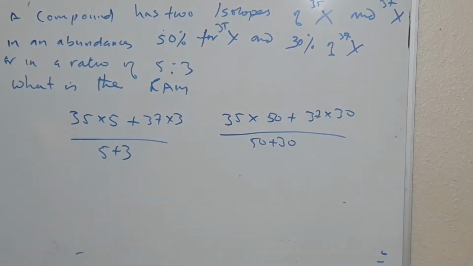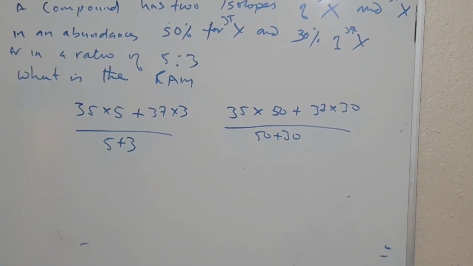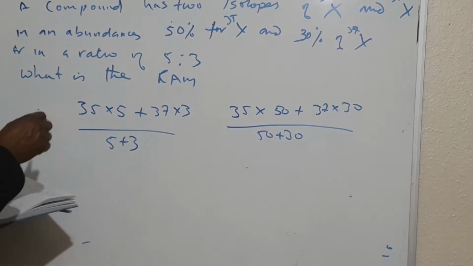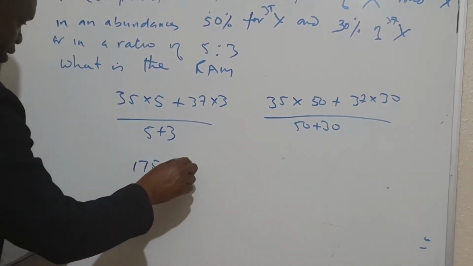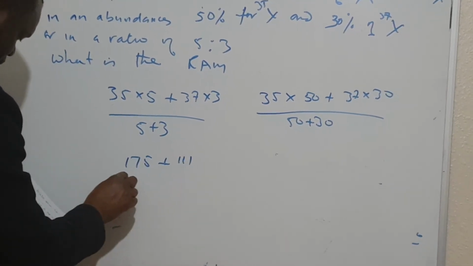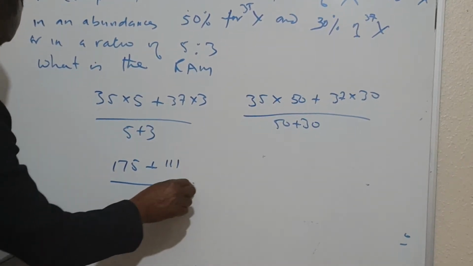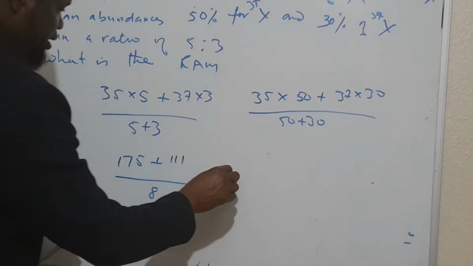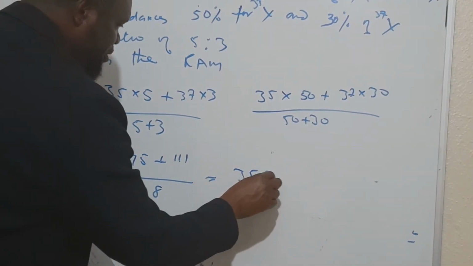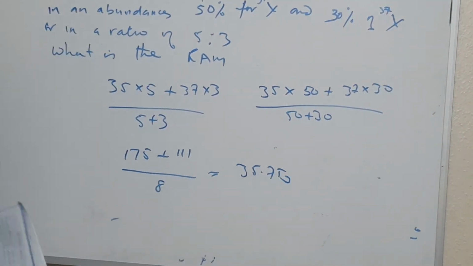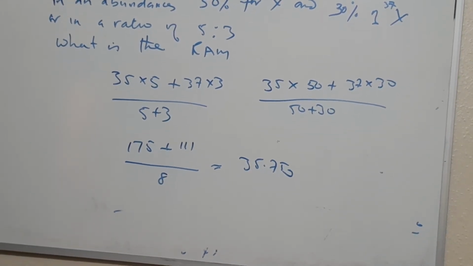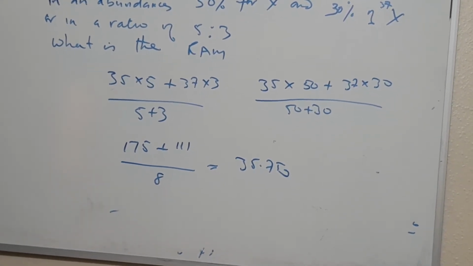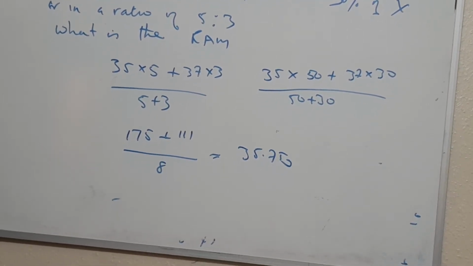In any way you do it, you come to the same conclusion. This one, when we do multiplication, we have 175 plus 111 divided by 8, which is equal to 35.75 grams, because they are given grams. Mass number is in grams. This is another example of isotopes.